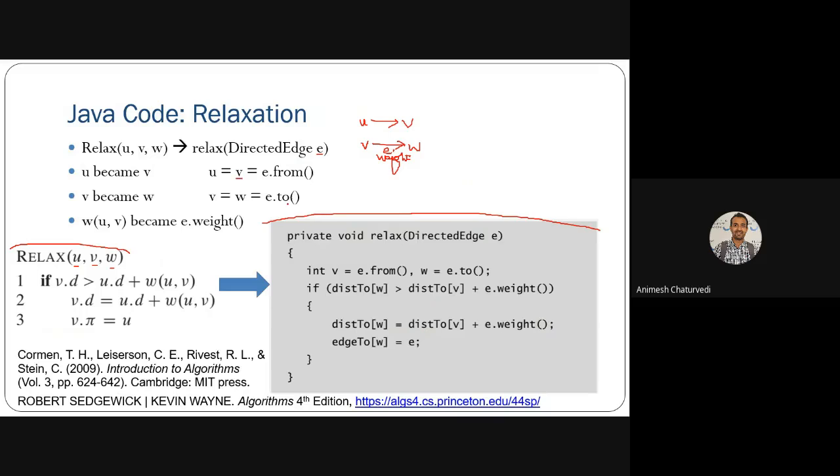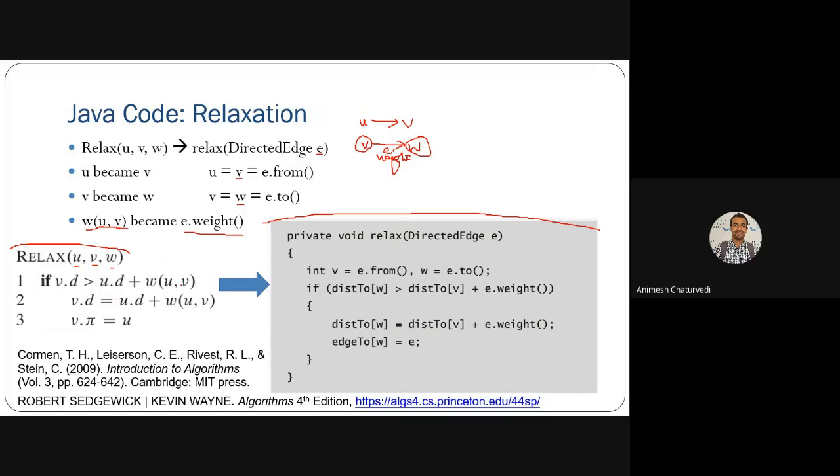And the E dot to function would return w, meaning source node and target node. Thereafter you have the weight function in the Cormen book, but here you are using E dot weight for the weight of v comma w.